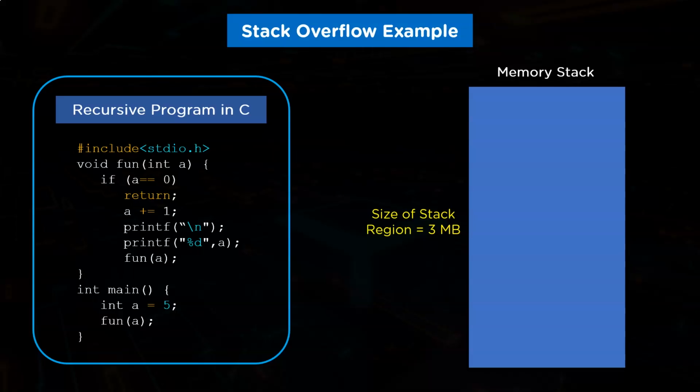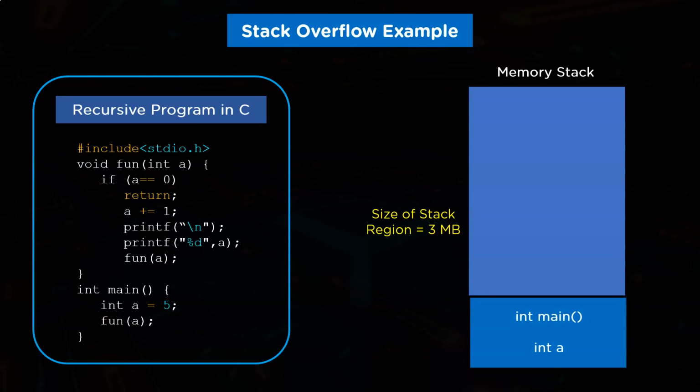The function that calls itself repeatedly until a certain condition gets fulfilled is called a recursive function. But if you observe this block of code, there is no stopping condition to halt this recursive function. Hence, once the execution of the program begins, this function will keep invoking itself.